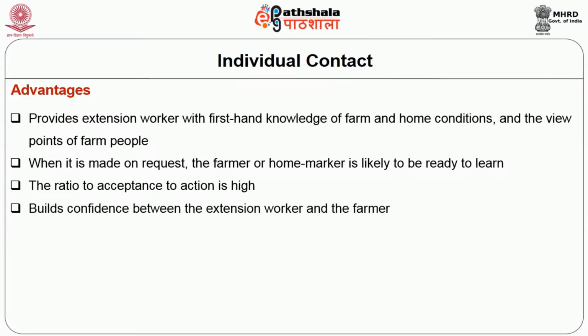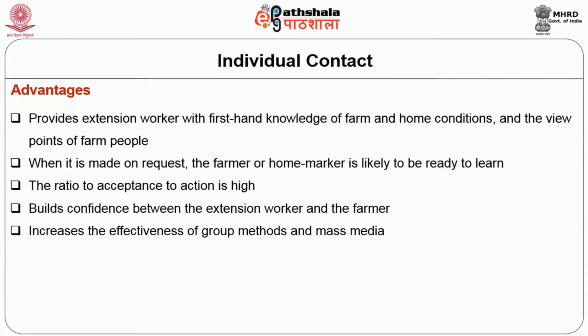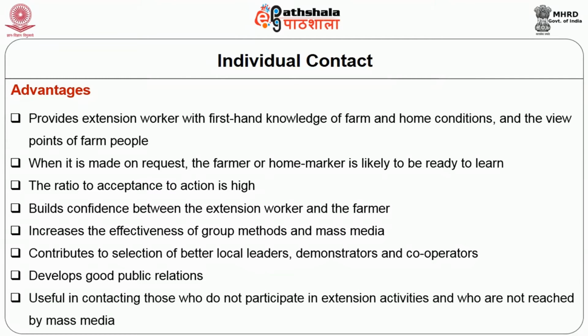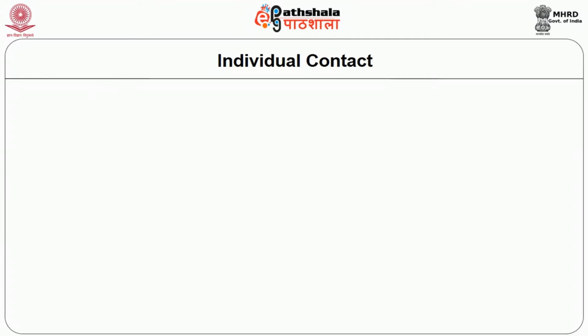Building confidence between the extension worker and the farmer increases the effectiveness of group methods and mass media methods. It contributes to selection of better local leaders, demonstrators and cooperators. It develops good public relations between the farmer and the extension workers. It is useful in contacting those who do not participate in extension activities and who are not reached by mass media.